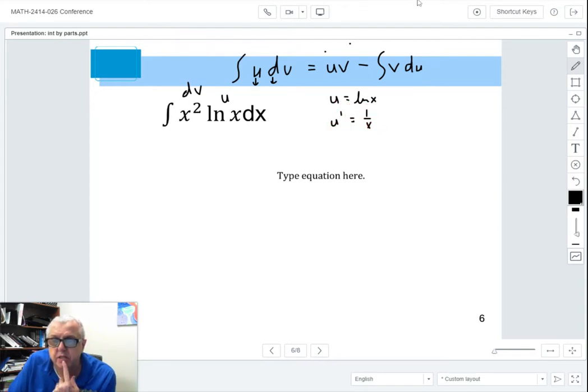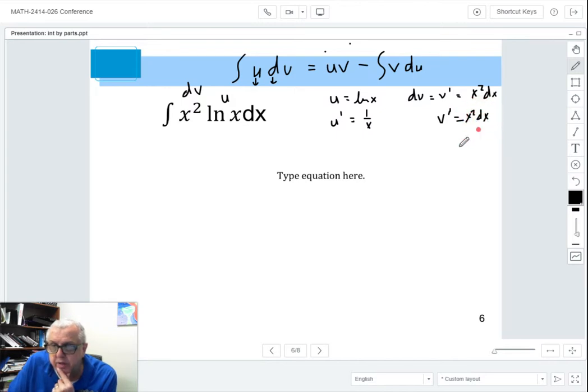The derivative of ln x is just 1 over x. So my dv, and don't forget dv is just another way of saying v prime, is x squared dx. Don't forget that dv has to have that dx with it also.